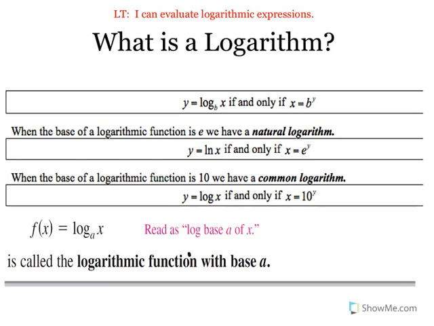If you see a log and there is no base written, then you automatically assume that your base is 10. If you have a logarithm that has a base that is not written, then we understand it to be base 10.